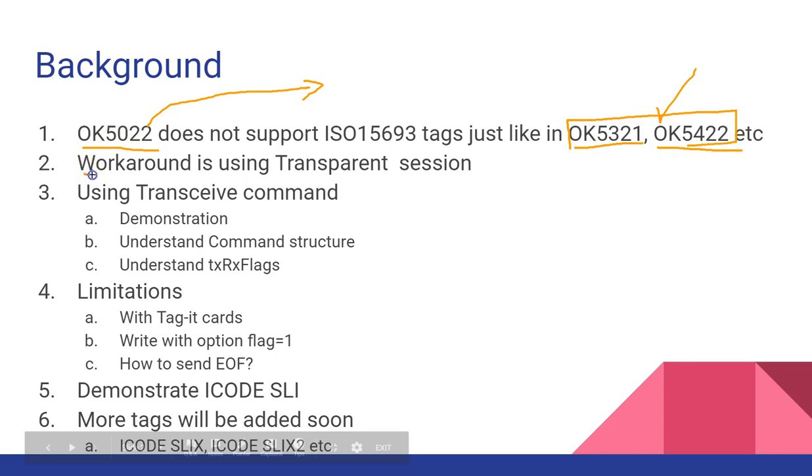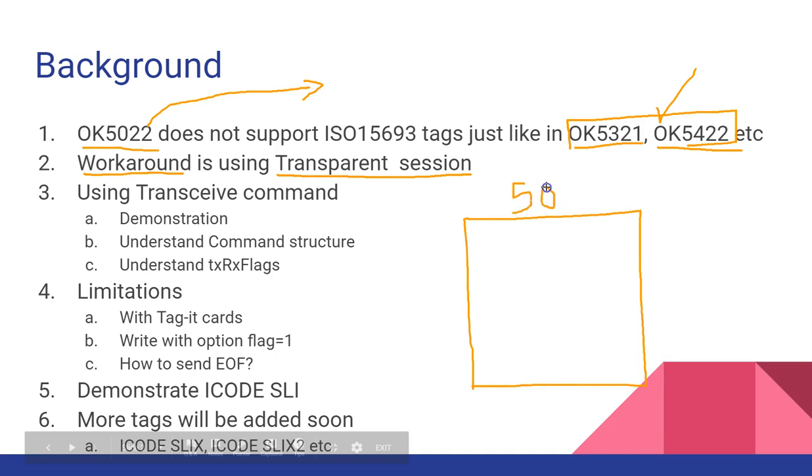Now there is a workaround, using a concept called transparent session, which is available within the reader. You have to understand the way this OMNIKEY reader writer works. Think this is the reader writer, say 5022, and this is our PC software, which sends the command to this reader.